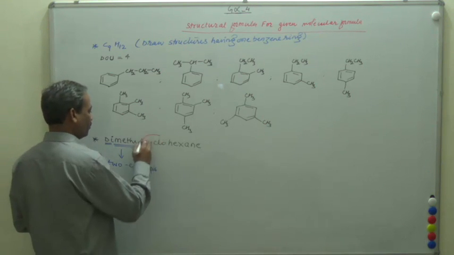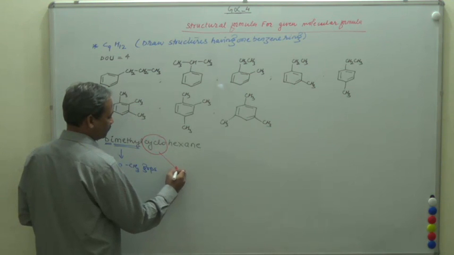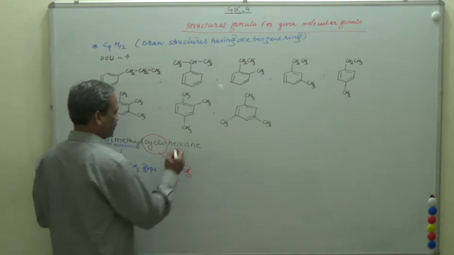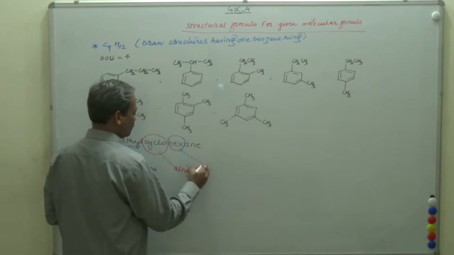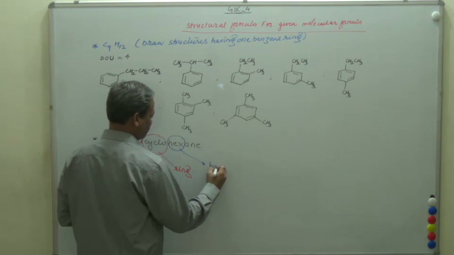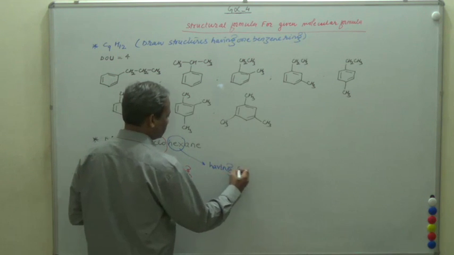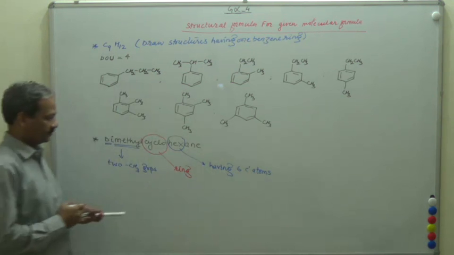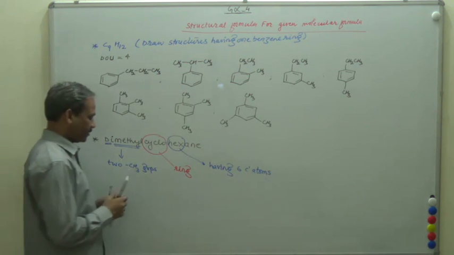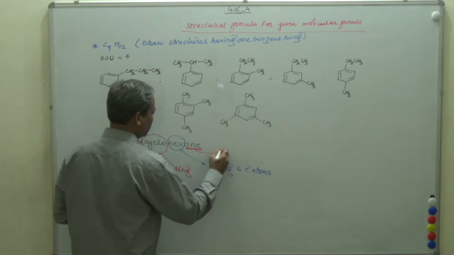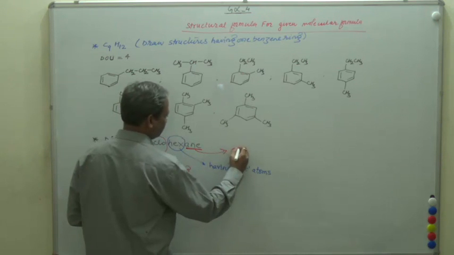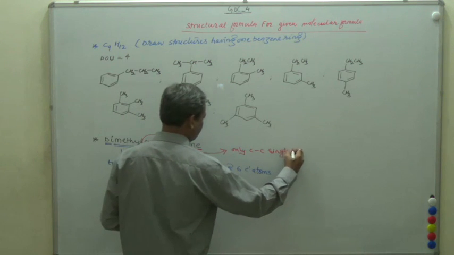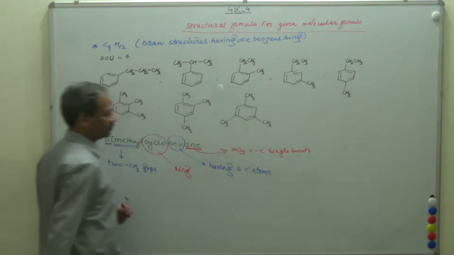Cyclo means ring. Hex means having 6 carbon atoms. And this ane means only carbon-carbon single bonds.